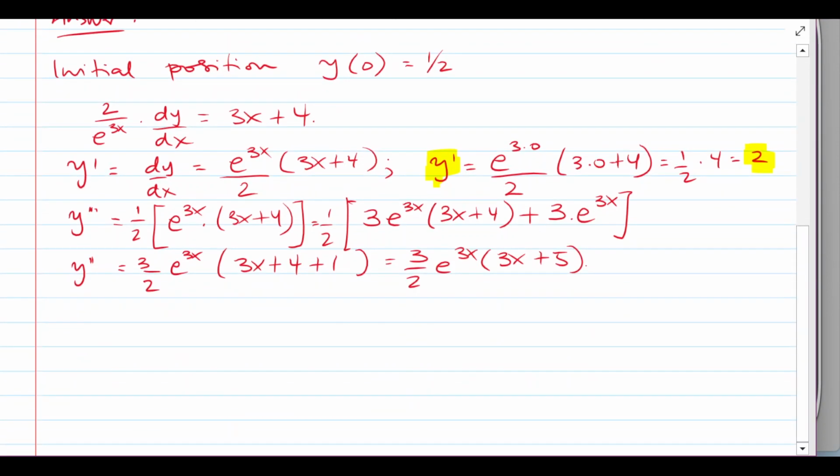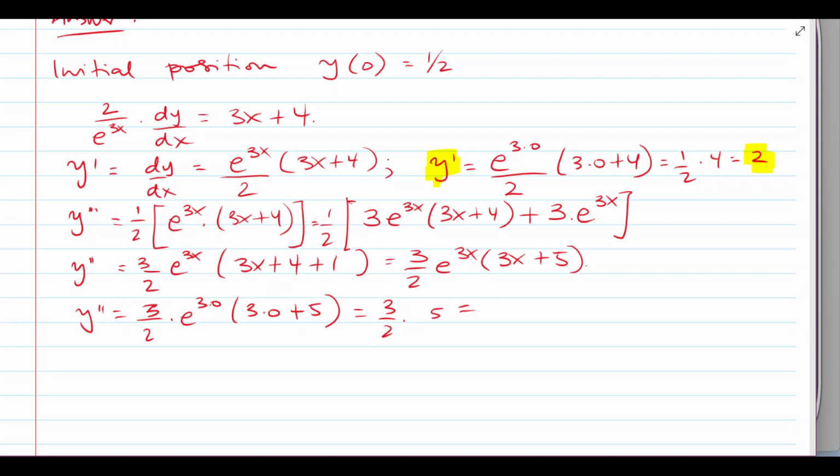And the value of y double prime, let's just write down here, at x equals naught is 3 over 2 e to the 3 times naught, times (3 times naught plus 5), equals 3 over 2 times 1 times 5, so this is equal to, sorry, this is 5.